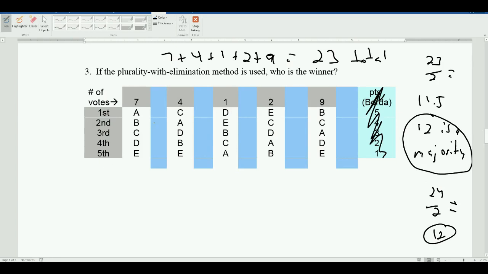So as of right now, A has 7, B has 9, C has 4, D has 1, E has 2. No majority.